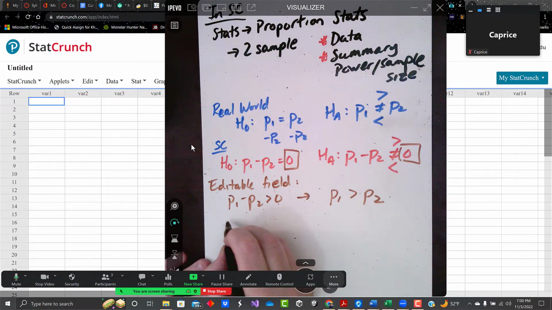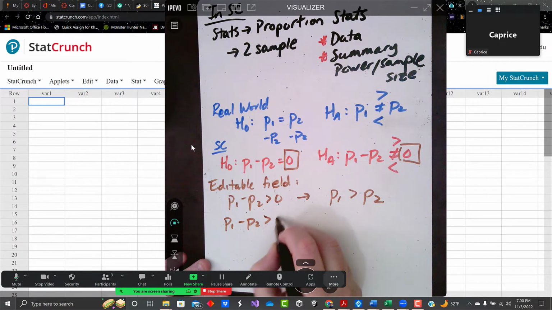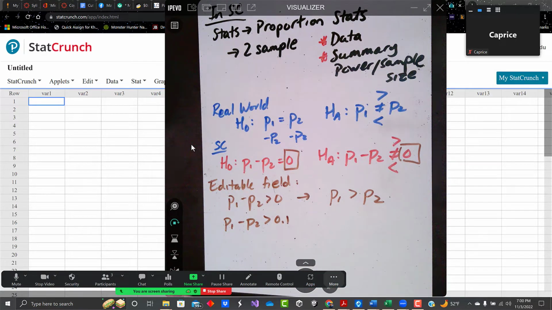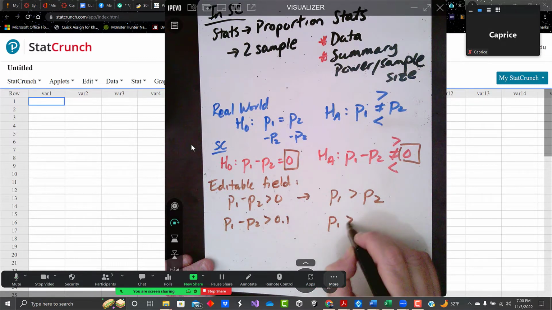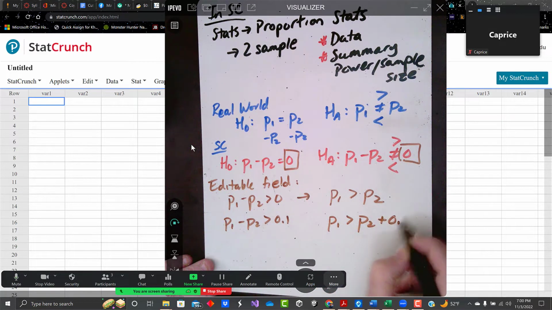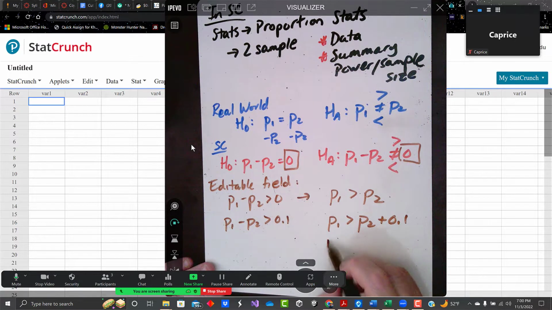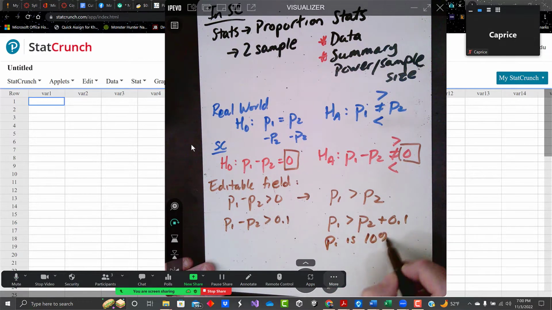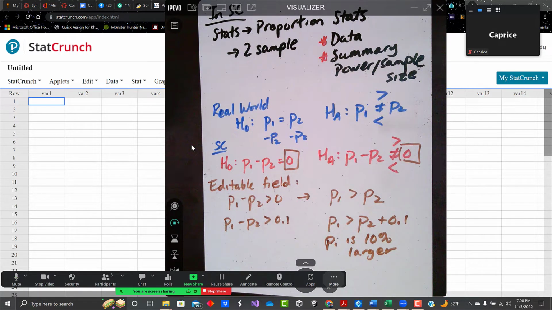But if I change that to say P1 minus P2 is bigger than 0.1, now I'm saying P1 is bigger than P2 plus 0.1, or P1 is 10% larger. So if you're trying to check to see if something's not just bigger than or less than, but how much bigger or less than, and you have a hypothesis about it, that's something you can test.